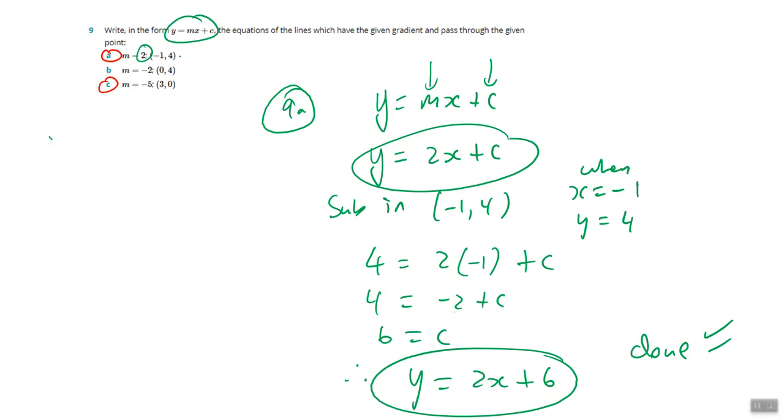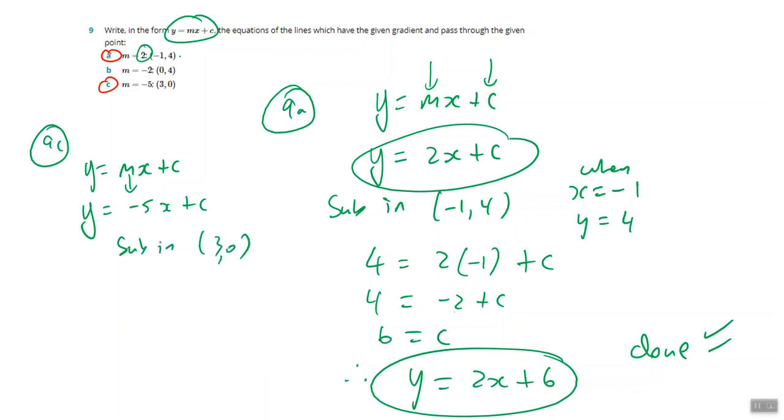For 9c, you go through the same process. y equals mx plus c. I know my gradient happens to be -5, and I need to solve for c. So I sub in 3, 0. When y is 0, x is 3.